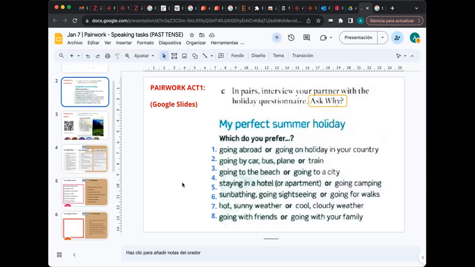I prefer going on holiday in my country because I like the landscape.